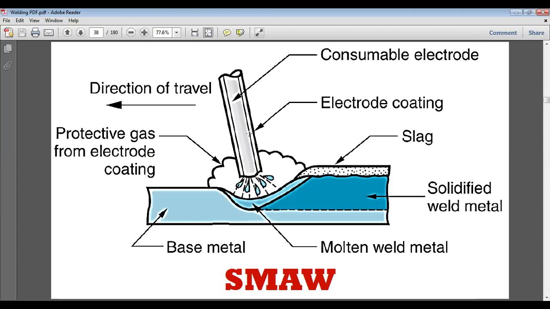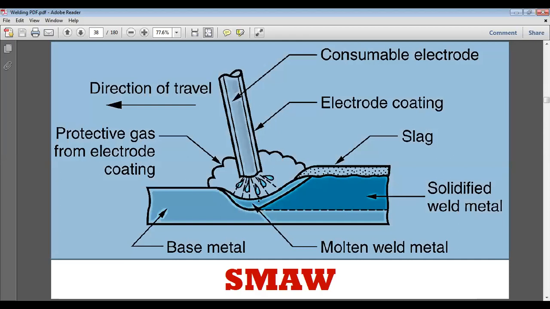When it is consumed, the electrode coating provides a protective gas envelope over the whole weld pool, so that the molten metal does not come in contact with the environment and hence is unable to form metal oxide.